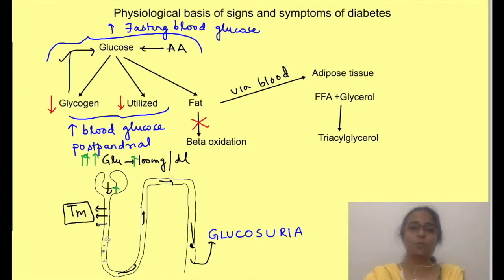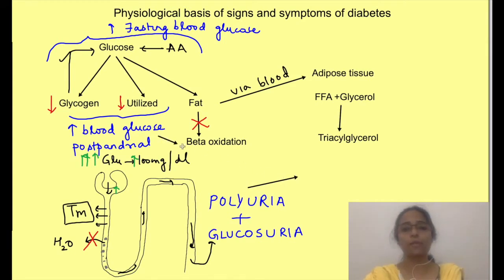The presence of glucose in nephron acts as an osmotic pull for water, preventing the reabsorption of water also from the nephron. So water loss increases, causing increase in the volume of urine, that is polyuria. Due to increase in water loss from the body and hyperosmolarity of blood, due to increased blood glucose concentration, water starts moving out of cells.